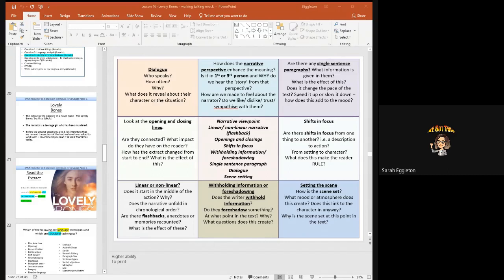At the start of this session, we had a think about some of the structural techniques that you could identify. Here they are again. I'd like you to pause this video now and see what of these techniques you can find.